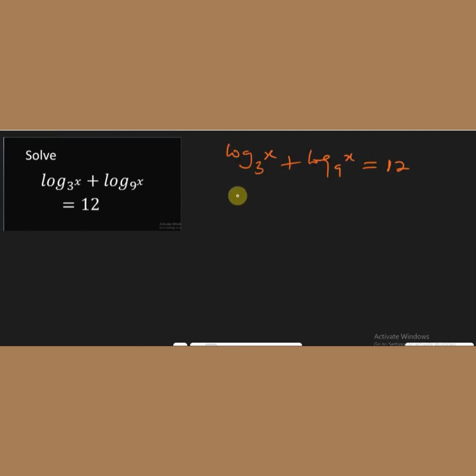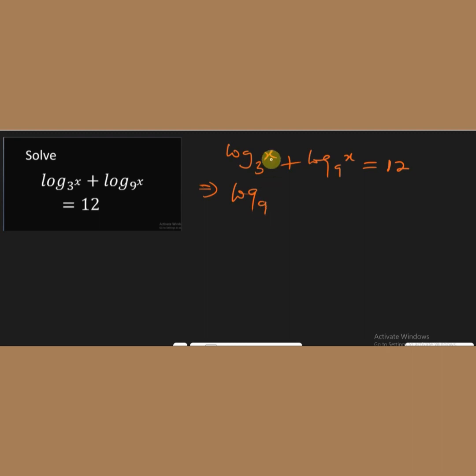So solving this question with the second method. I will consider log 3 raised to the power of x. Now, introducing change of base, trying to make this log to be of the same base with this. That is, this is base 9. So I will introduce 9 as the new base.